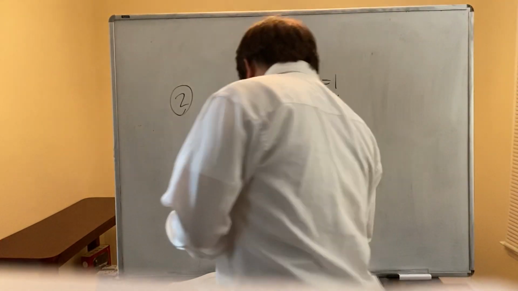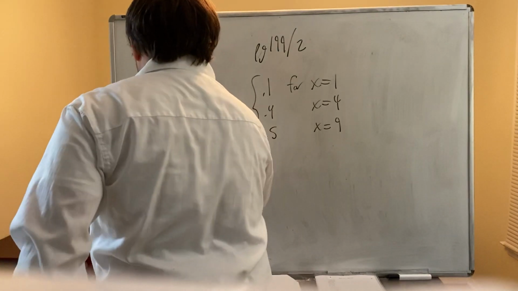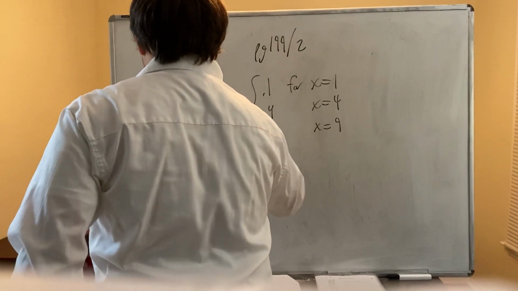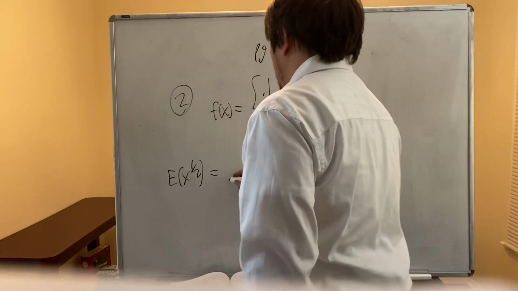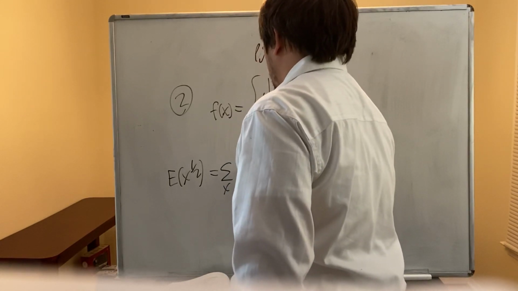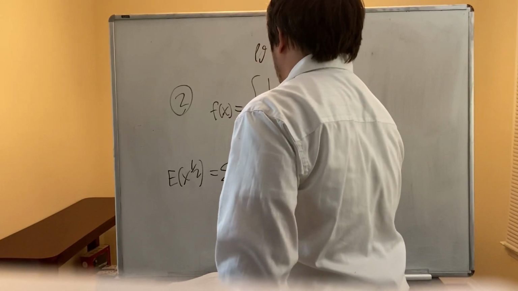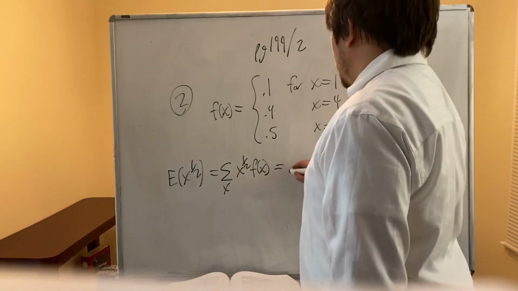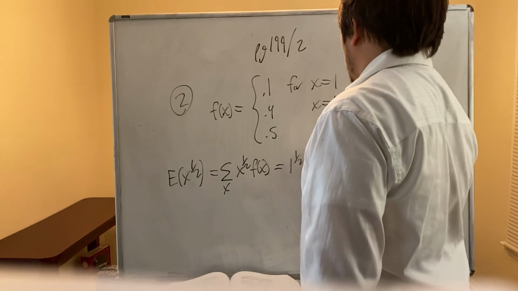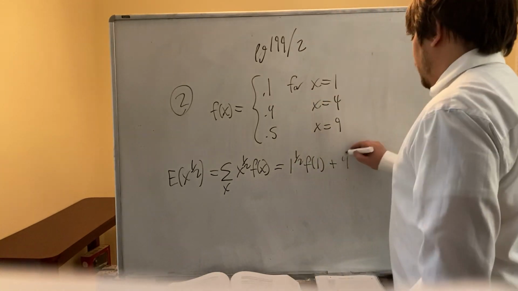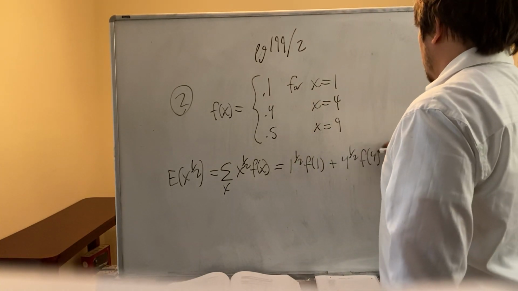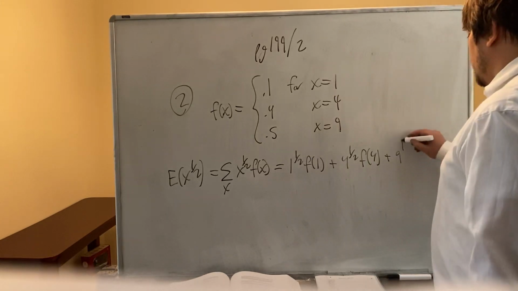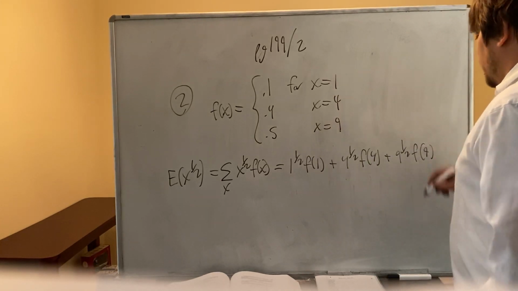Okay, so now let's find e of x to the 1/2. e of x to the 1/2 is the sum of all possible values of x to the 1/2 times f of x. So when x is 1, you get 1 to the 1/2 times f of 1, plus when x is 4, you get 4 to the 1/2 times f of 4, plus when x is 9, you get 9 to the 1/2 times f of 9.